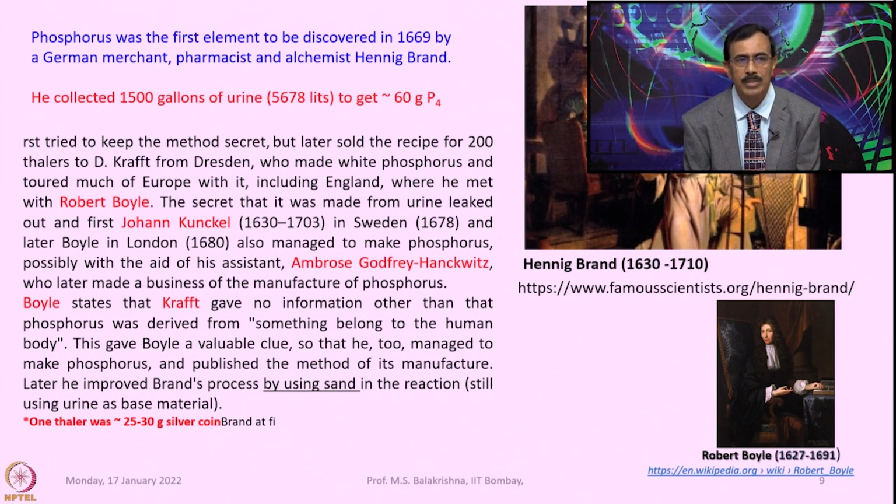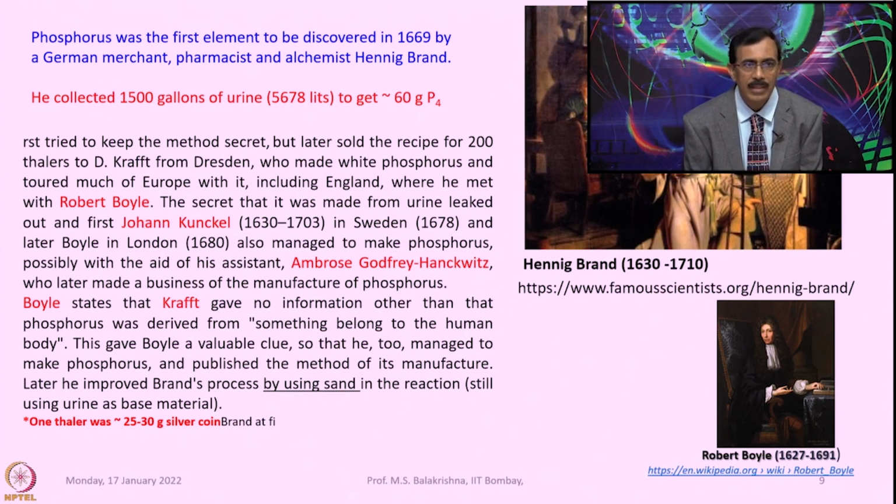So, what he did was he collected 1500 gallons of urine, that is about 5678 liters, and he distilled it over a period of several days and tolerated all the stink emanating from it, and eventually he ended up making 60 grams of a glowing substance that we call white phosphorus, and it was glowing in the dark, and that is the reason it was named phosphorus.